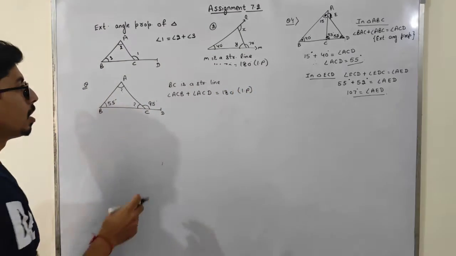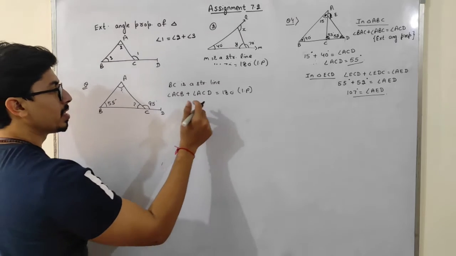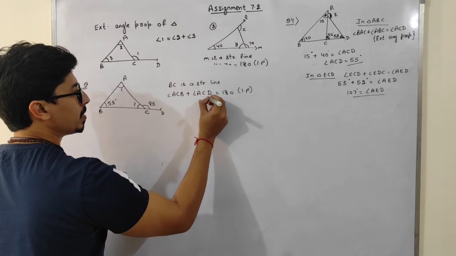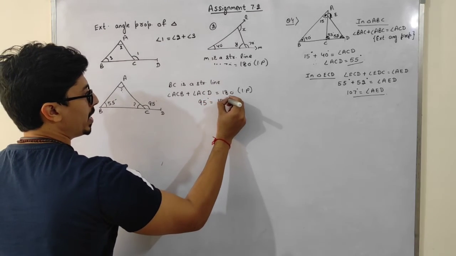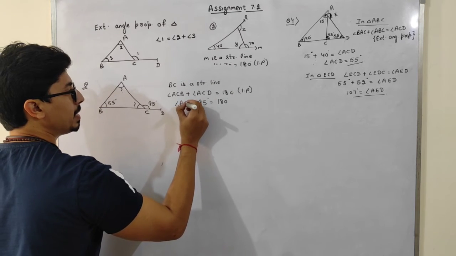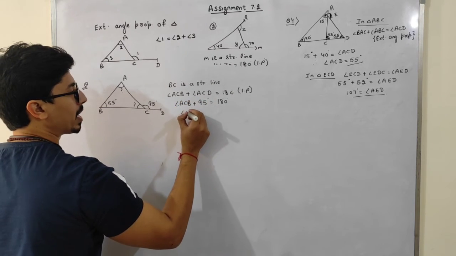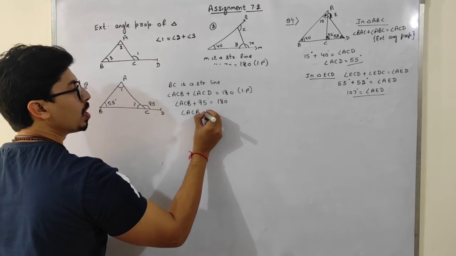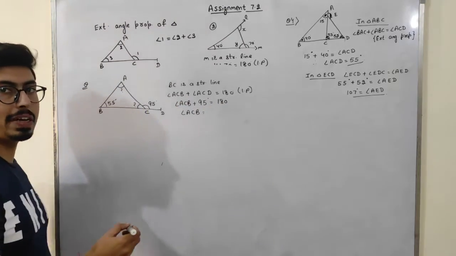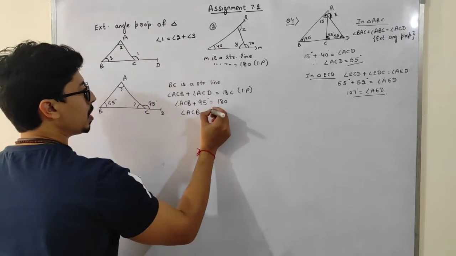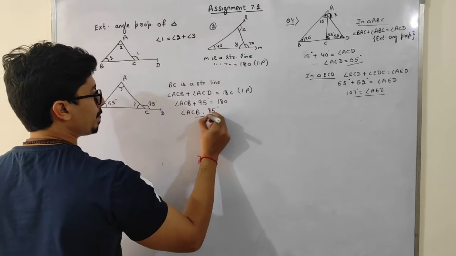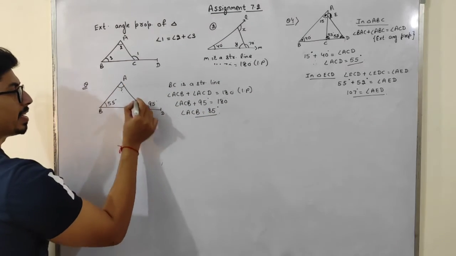So ACD is 95 degree, and angle ACB as it is. So angle ACB is equal to 180 minus 95. This is 85 degrees, students. So this is 85 degree angle.